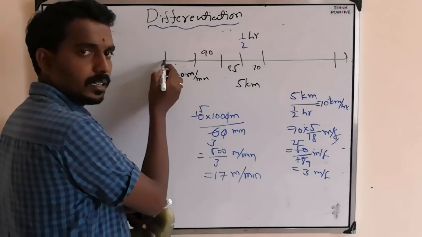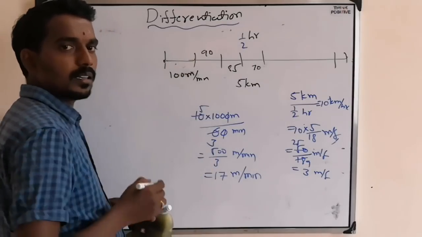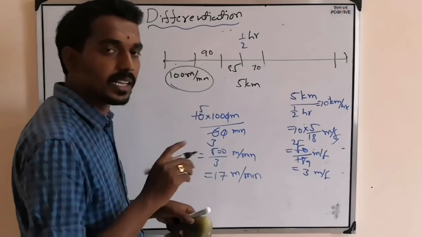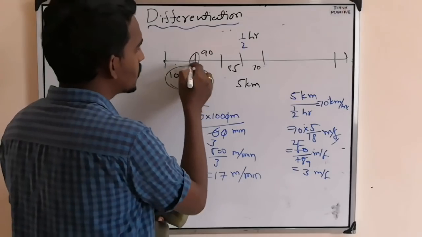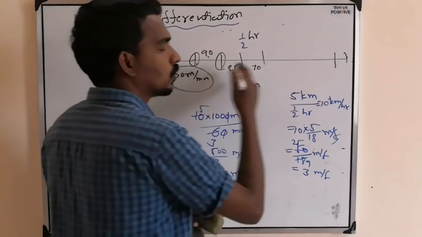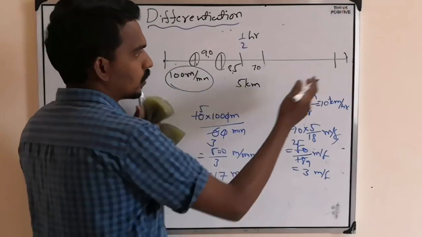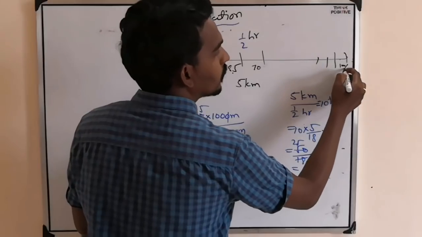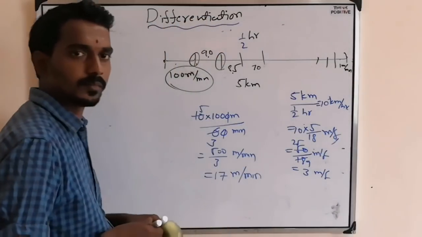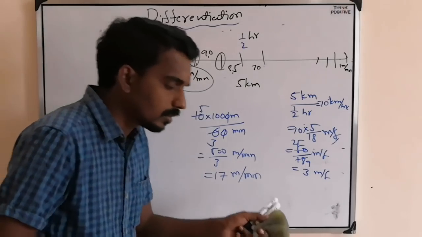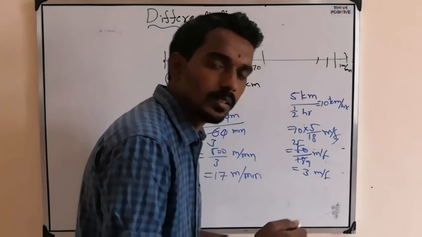So at this instant your speed is 100 meter per minute, instantaneous speed. At this instant 90, at this instant 85, and so on. At the end you may cover only 1 or 2 meter in 1 minute, just running very slowly.